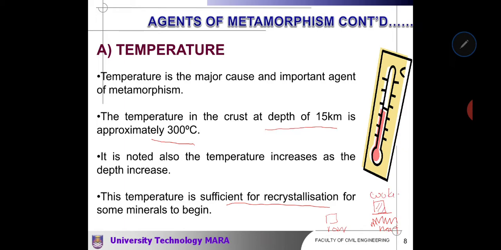What happened is the food has changed internally. Even though you cannot see the change in terms of the shape, inside the food it has changed some of its structure, and from raw food you get cooked food. That is the same thing that happens to metamorphic rock.